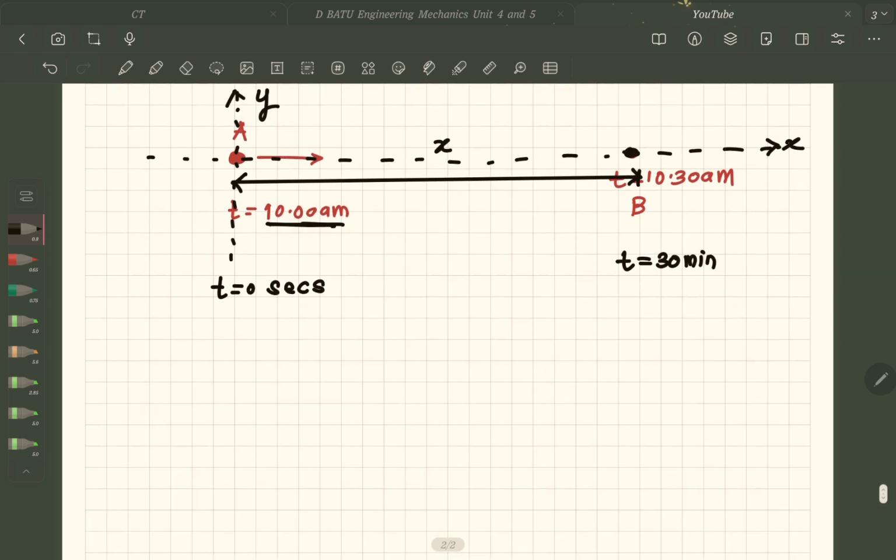So the position at time t equals 30 minutes is x meter.